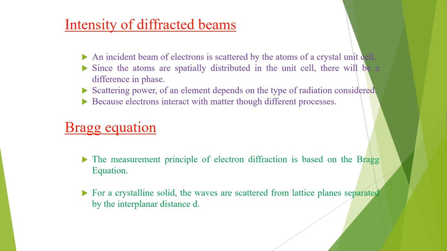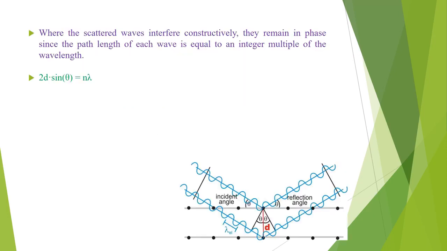For a crystalline solid, the waves are scattered from lattice planes separated by the interplanar distance d. The scattered waves interfere constructively and remain in phase since the path length of each wave is equal to an integral multiple of the wavelength.